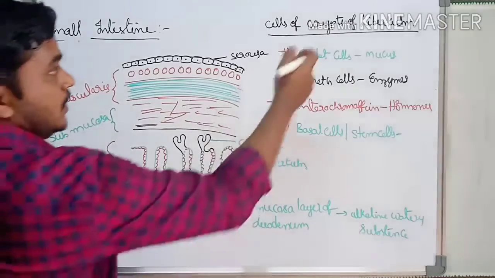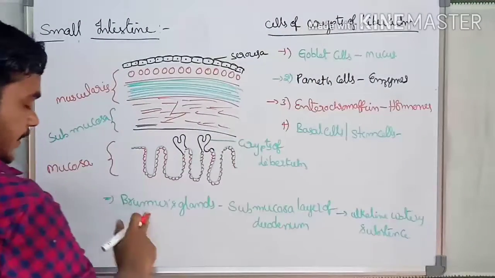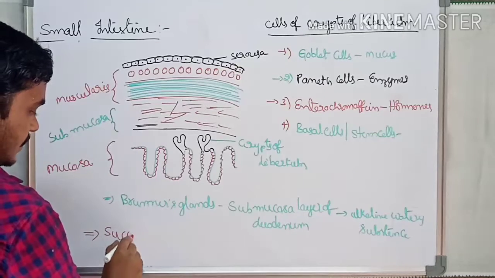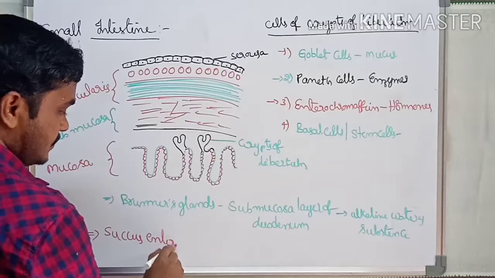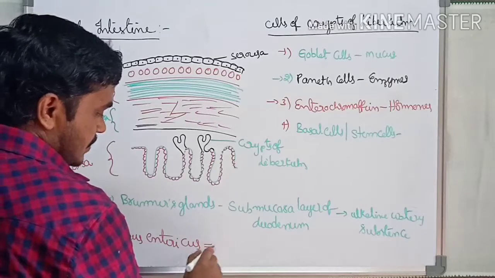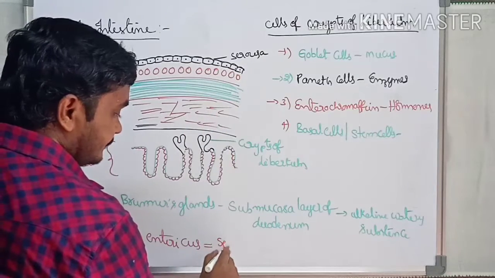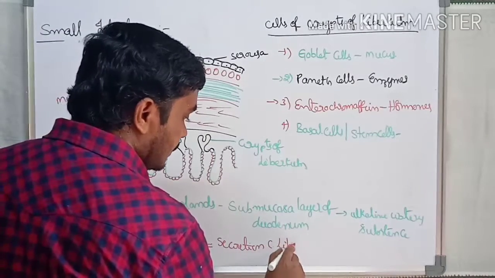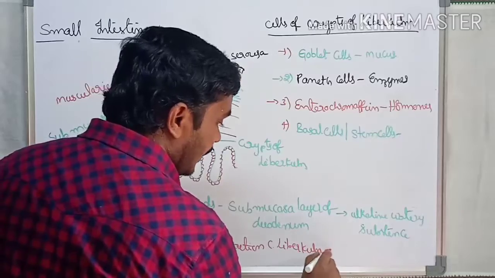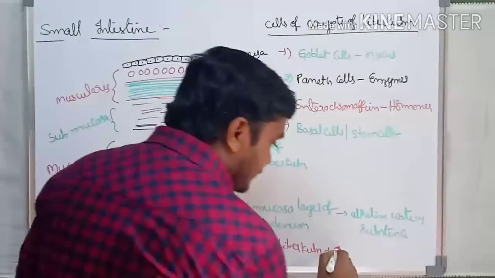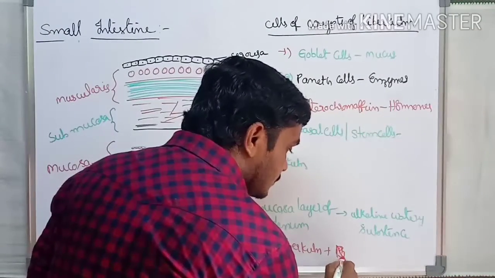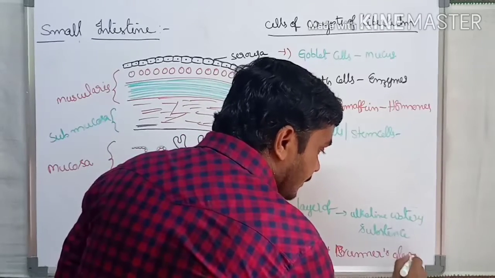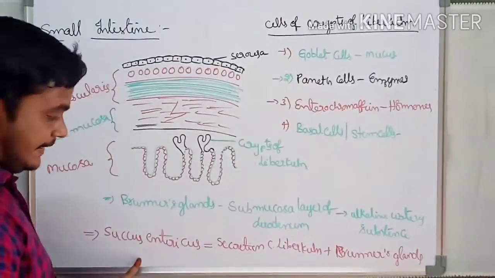So the secretions of the crypts of Lieberkühn and Brunner's glands are considered succus entericus. What is succus entericus? It means the secretions of the crypts of Lieberkühn and Brunner's glands, the alkaline watery secretion.